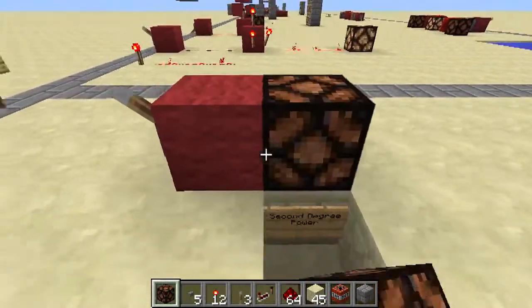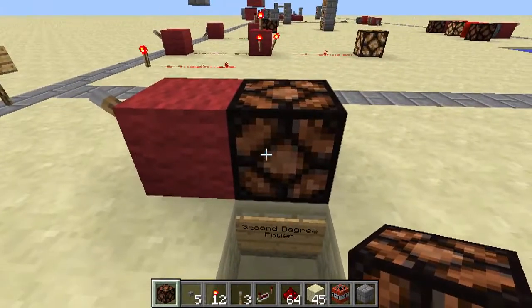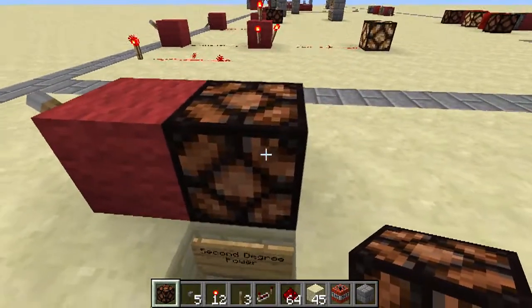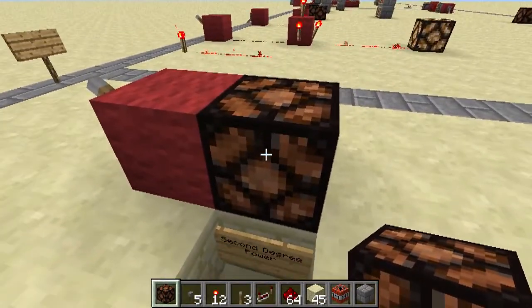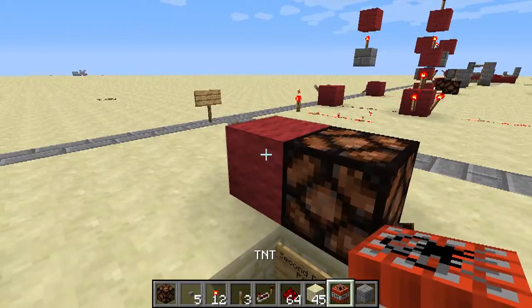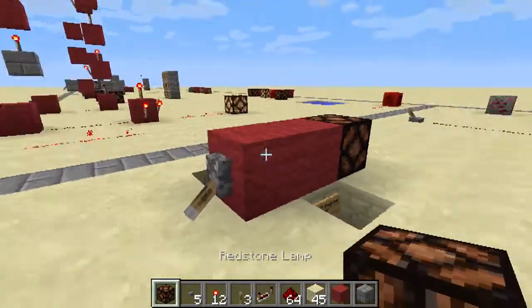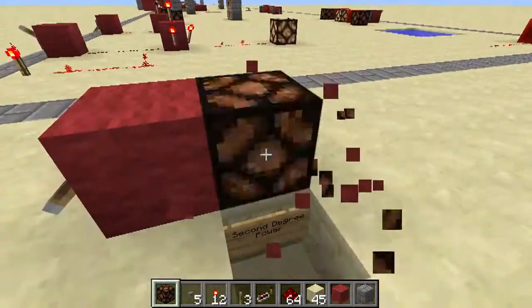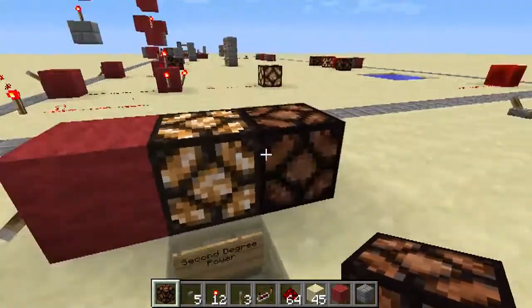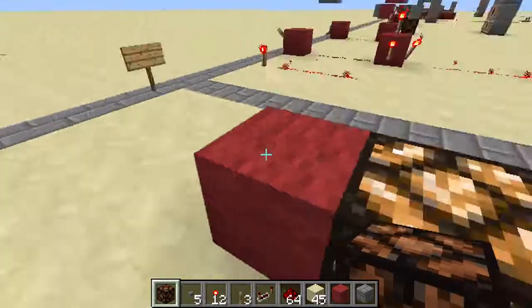So anything though here which receives second degree power is going to activate, but this doesn't have energy in it. So for example, if I was to do this and then that's never going to happen. That is not going to work. And even with another output on the end, it's still not going to work.